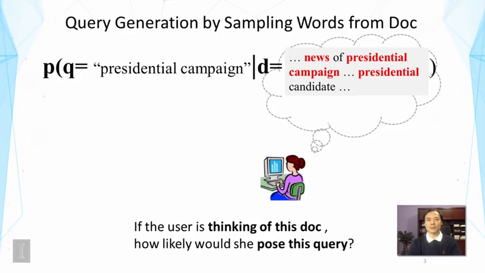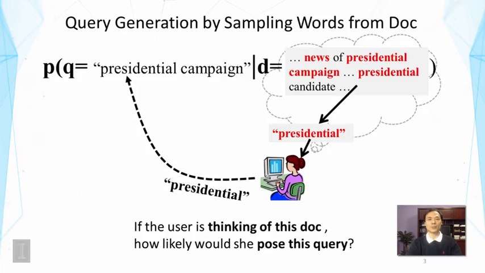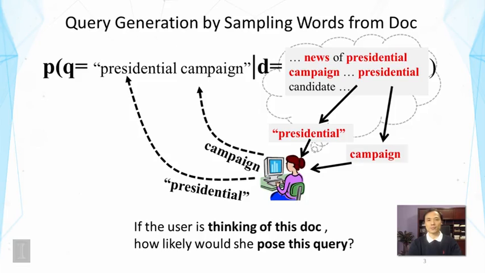So for example, a user might pick a word like presidential from this document and then use this as a query word. And then the user would pick another word like campaign, and that would be the second query word. Now, this of course is an assumption that we have made about how a user would pose a query. Whether a user actually followed this process may be a different question, but this assumption has allowed us to formally characterize this conditional probability.